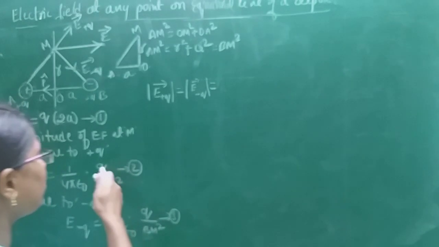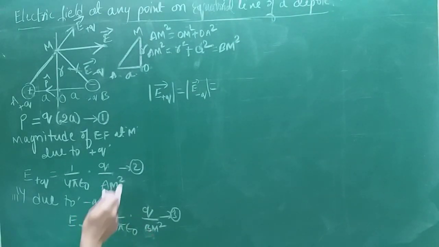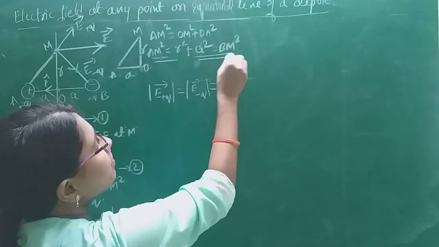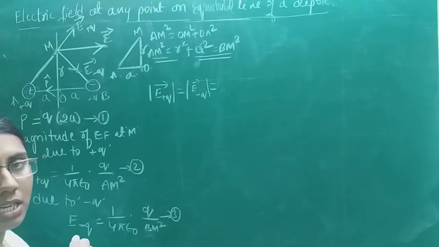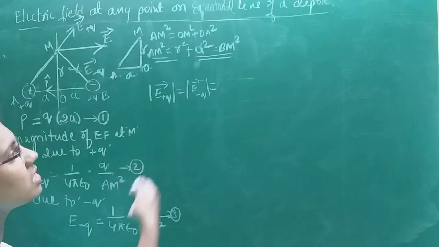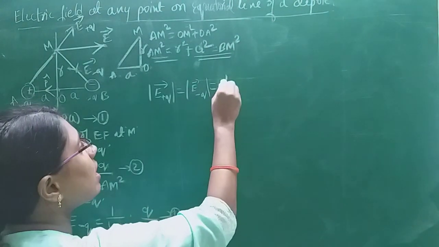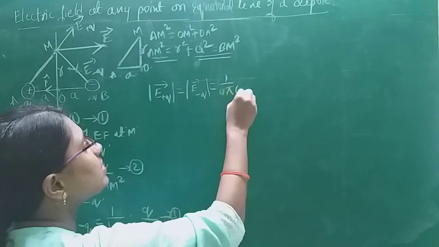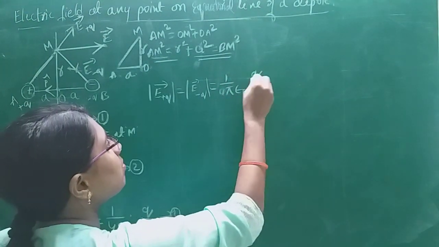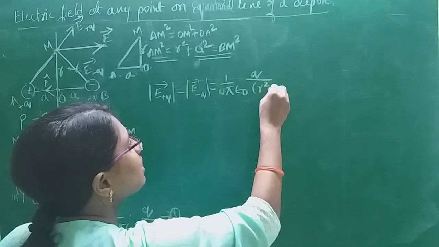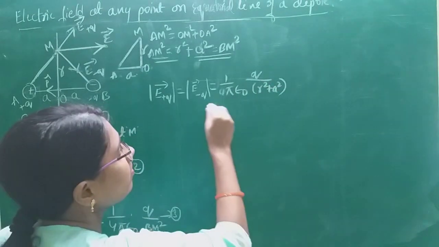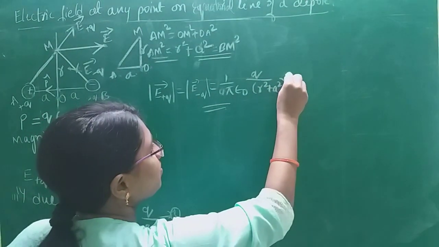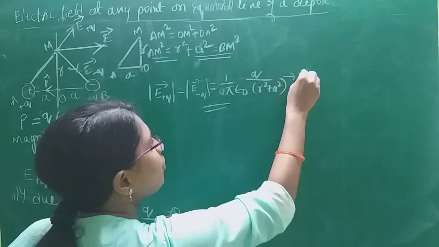Both are equal, and we know the value of AM square and BM square, that is nothing but R square plus A square. So substituting these values, we write 1 by 4 pi epsilon naught Q divided by R square plus A square. Let it be equation 4.